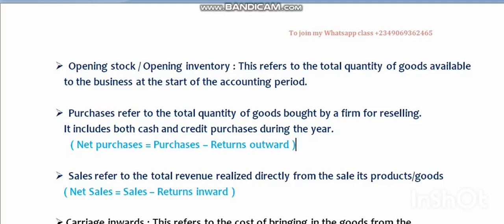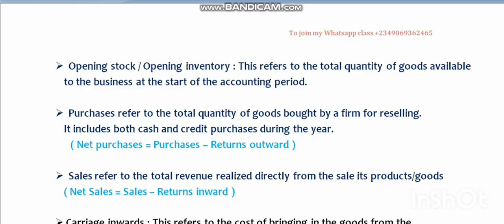When you purchase items and find out that some of them are not good, or are not what you ordered, or are below the standard, you have to take them back to the company to change them. When you return them, you deduct the amount of those goods for you to arrive at the actual amount of goods that you purchased.